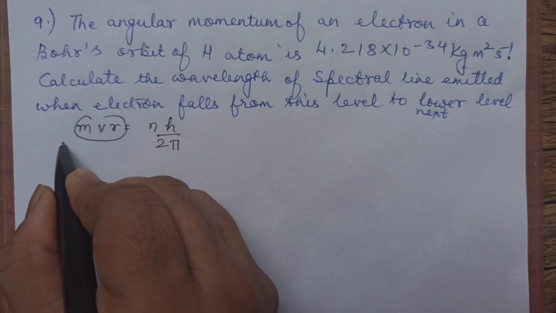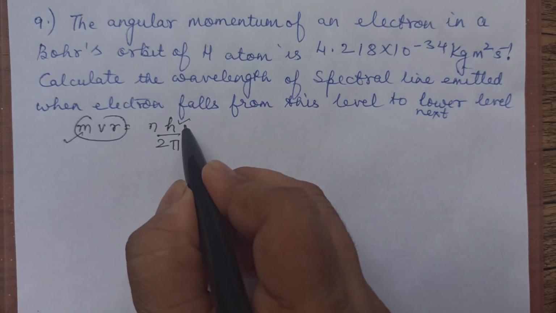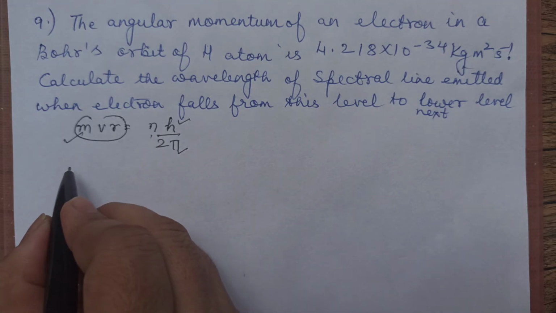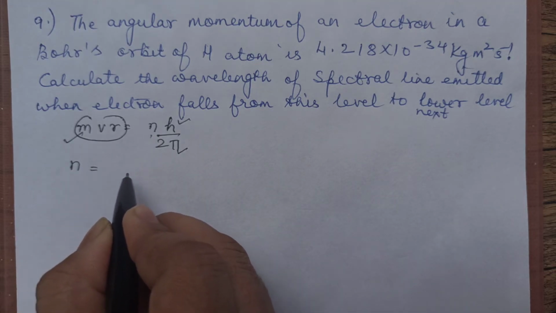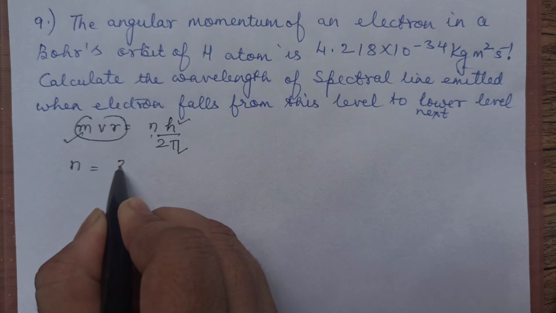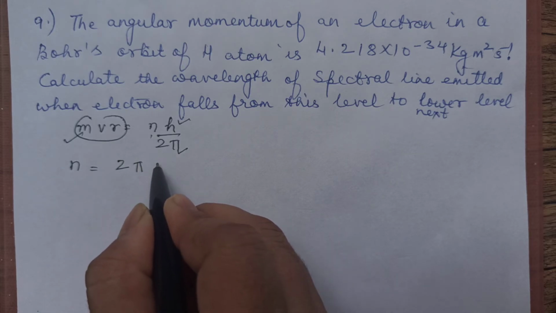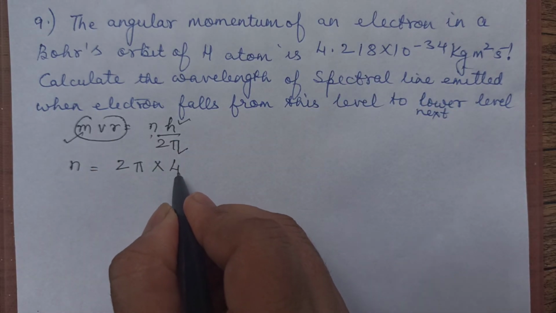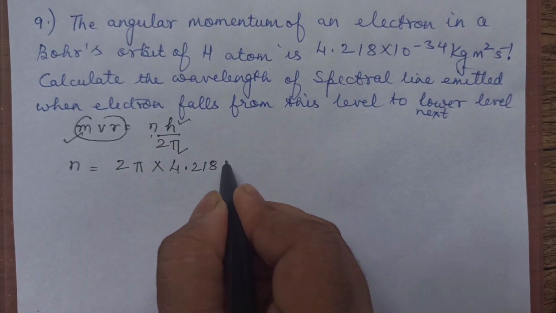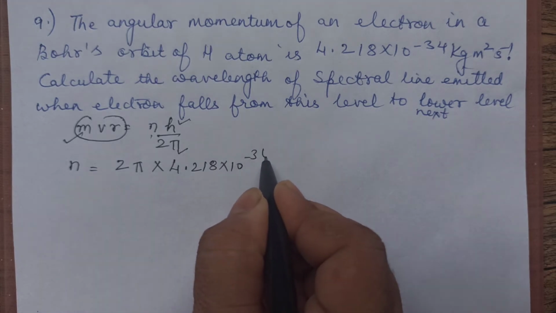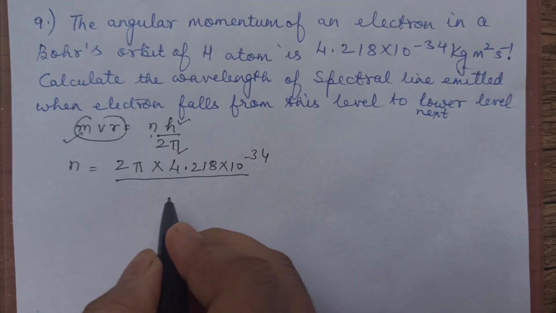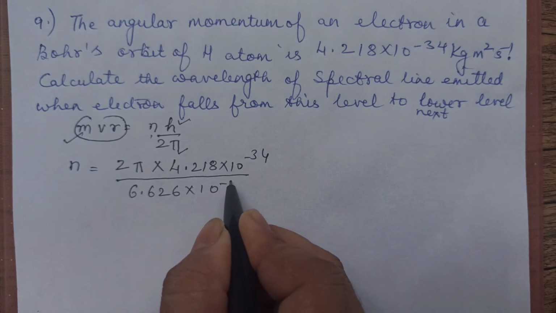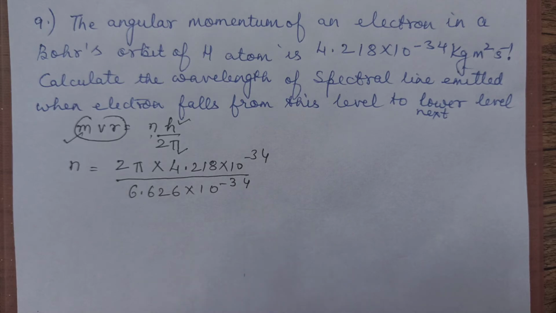This value, children, is known to us. We know H, we know the pi value. Can we calculate N? So what is N now, children? N is equal to 2 into pi into angular momentum, which I am taking here directly, 4.218 into 10 to the power minus 34 divided by Planck's constant, 6.626 into 10 to the power minus 34.